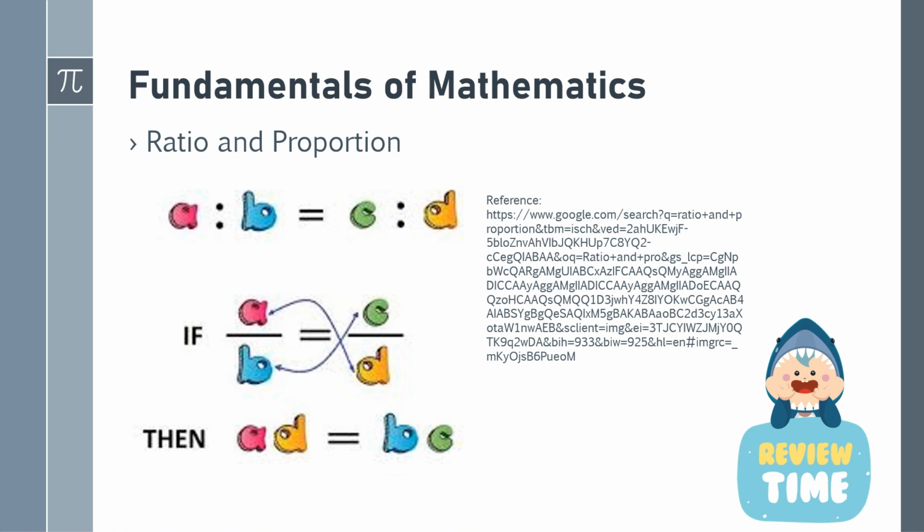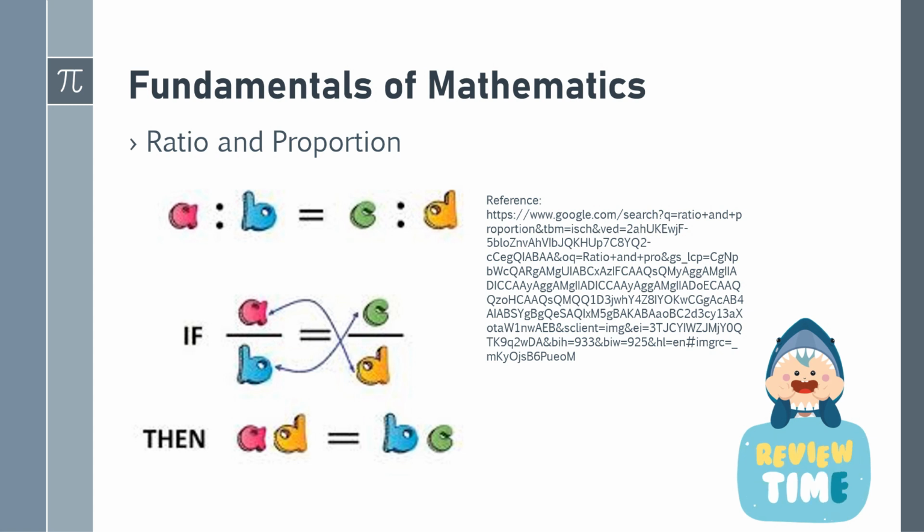So, punta naman tayo sa ratio and proportion. So, pag sinabi nating ratio, it's a comparison of two quantities. At kapag sinabi naman proportion, ay yan naman po ay comparison of two ratios. So, in our illustration, A is to B is what you call the ratios, and as well as C is to D is what you call another ratio. And when you compare those two, doon na papasok si proportion.